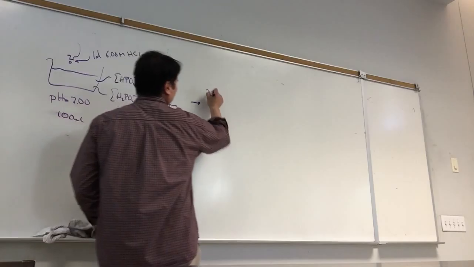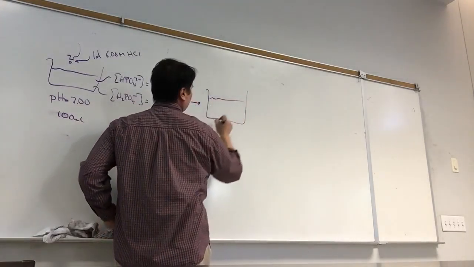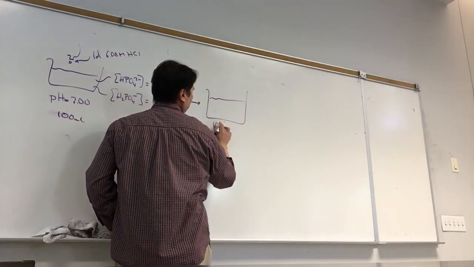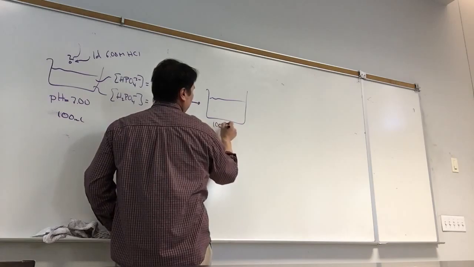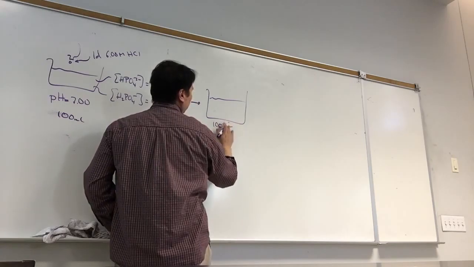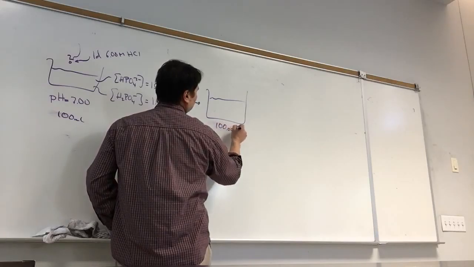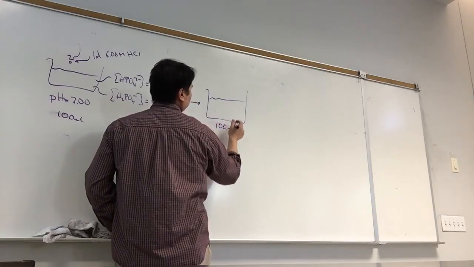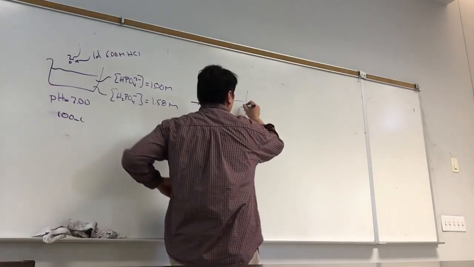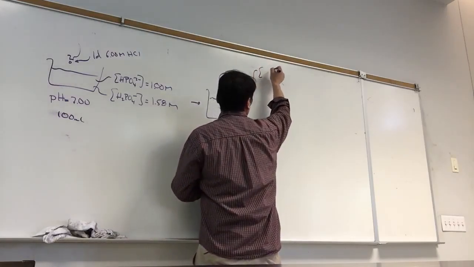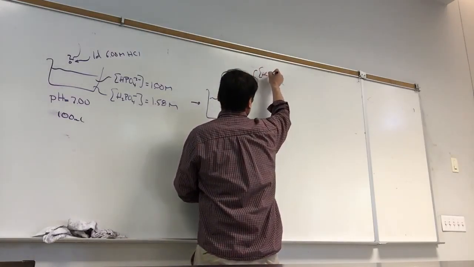So chapter 17 problems, what we're going to do is solution dilution. So what we'll figure out first is the final volume, which would be 100.05 milliliters. And then we have to figure out the new concentrations of everything before we do any reactions.